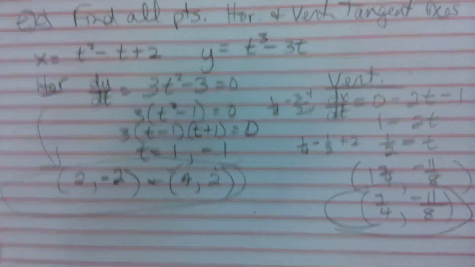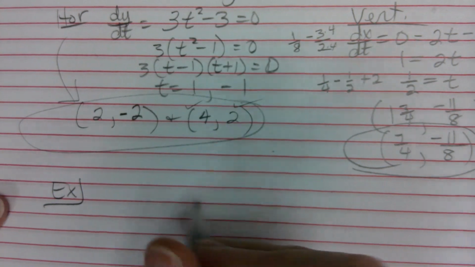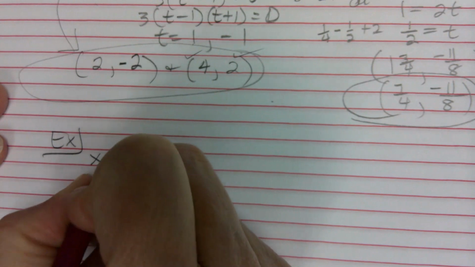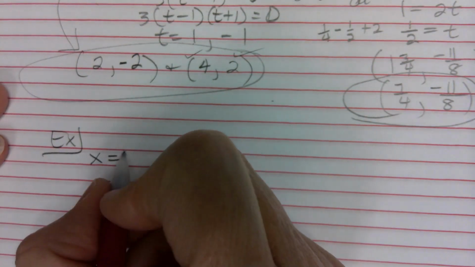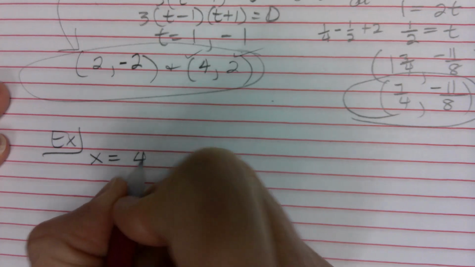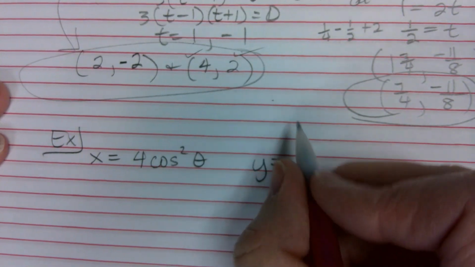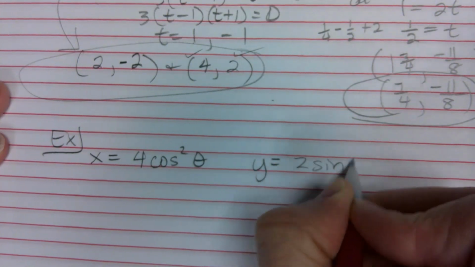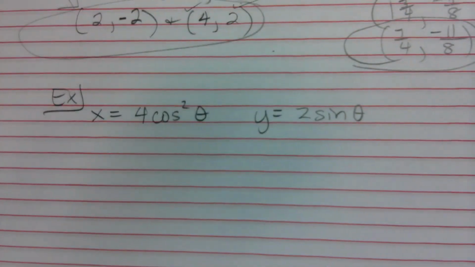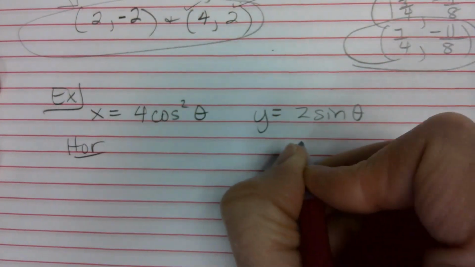Now, the other one is if it has trig in it. That's when it becomes a little dicey. Same thing, horizontal and vertical tangents. Let's go for x equals 4 cosine squared theta, and y is 2 sine theta. So we are looking for horizontal, vertical.